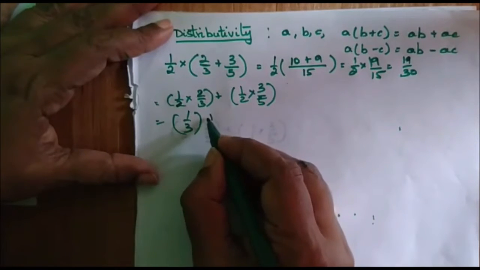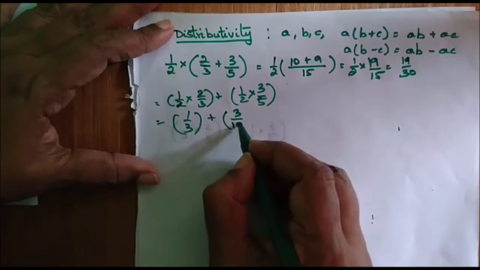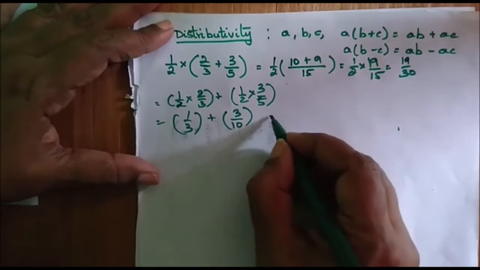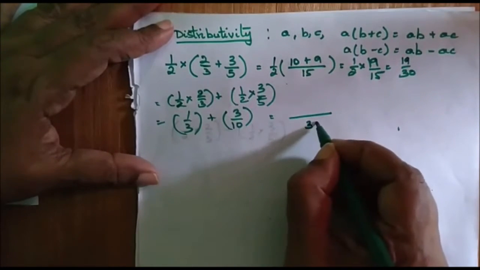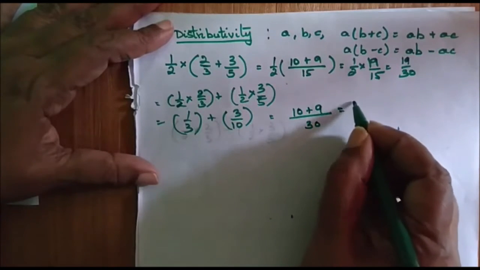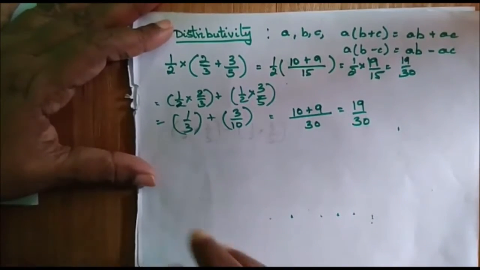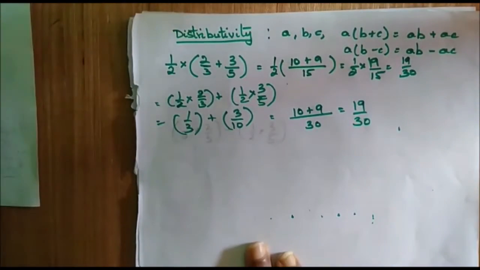So it is 1 by 3 plus 3 by 10. Now the LCM in this case is 30. So it goes 10 times, 10 plus 9, which is equal to 19 by 30. So the distributive property holds good in this case.